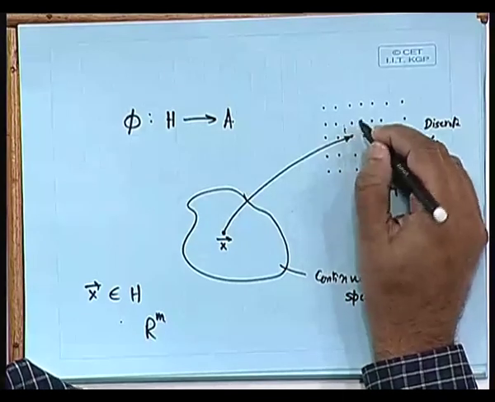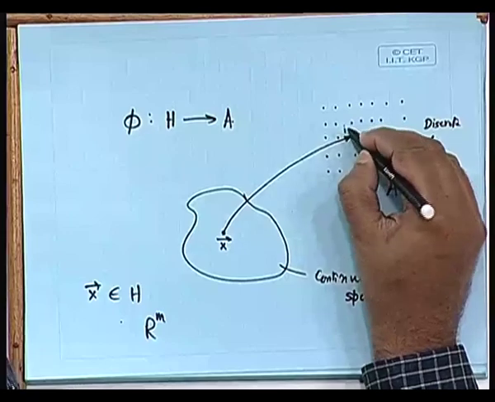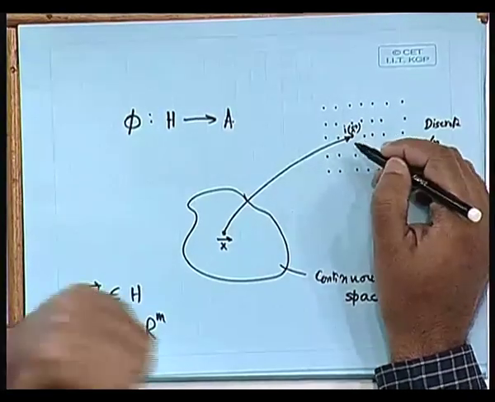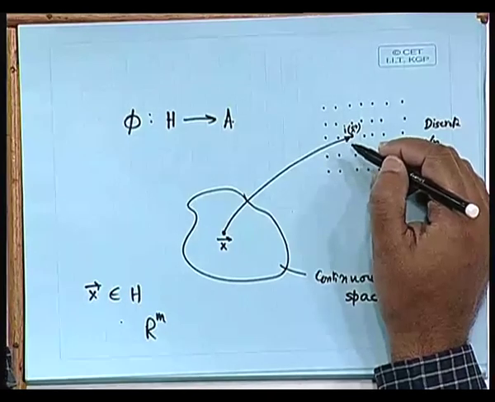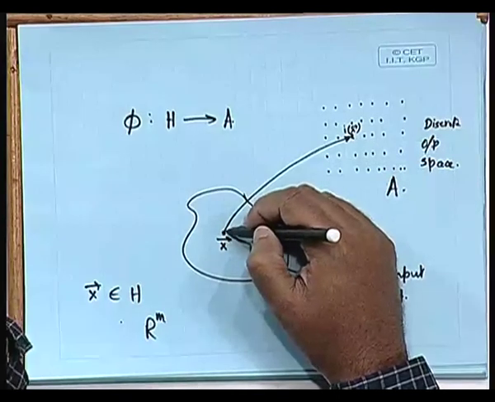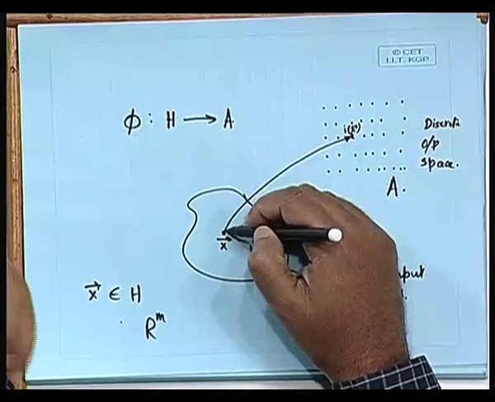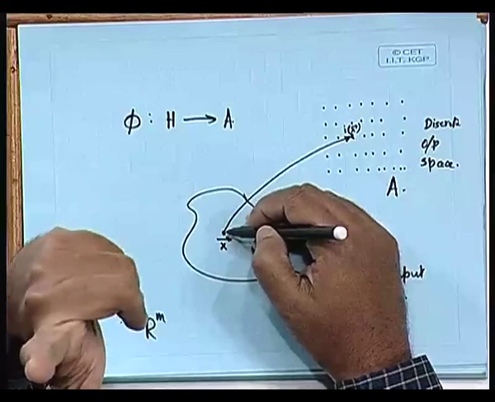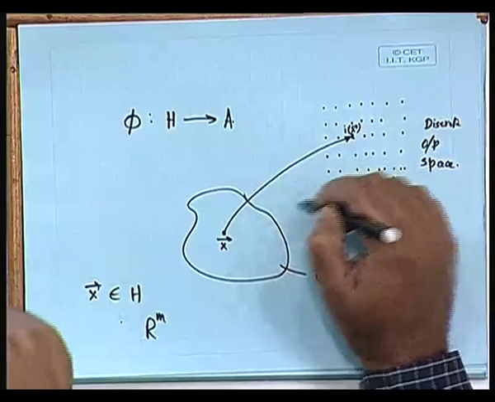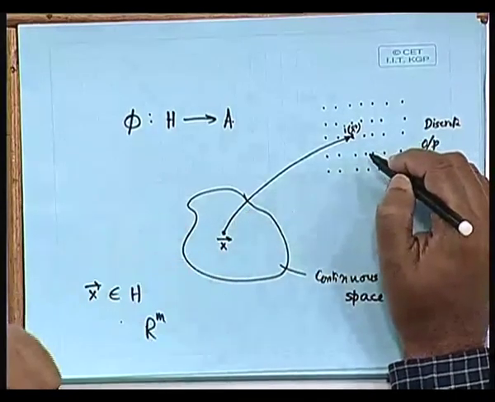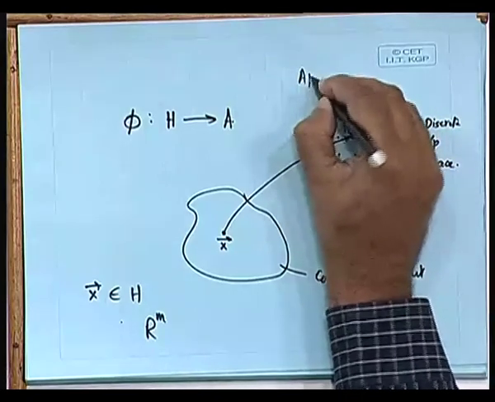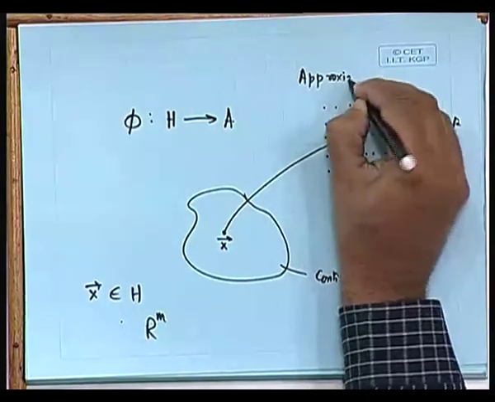So, we get I of x, that is, in the competition, the winner. This winner position will be taken very close to this x vector's position, but, mind you, it is an approximation, because this is in the discrete space. That is why it is an approximation of the continuous space. So, what the discrete output space is doing is an approximation.